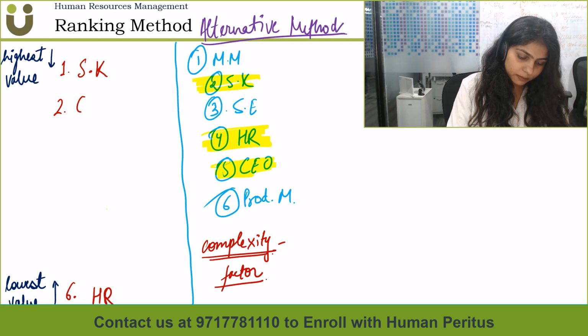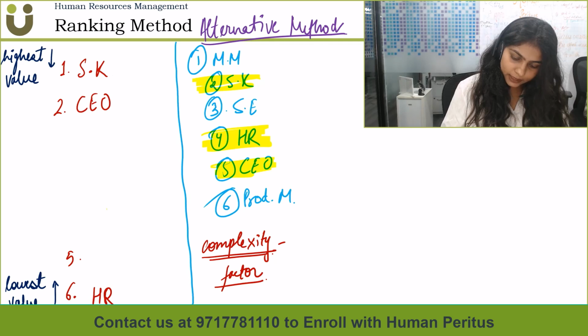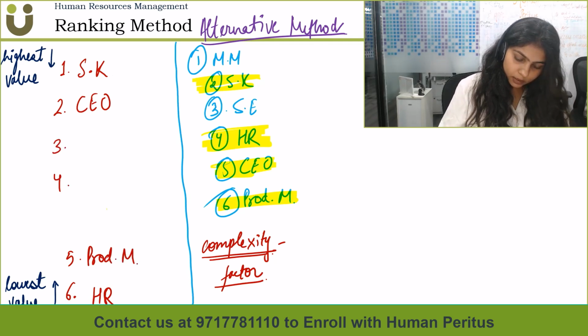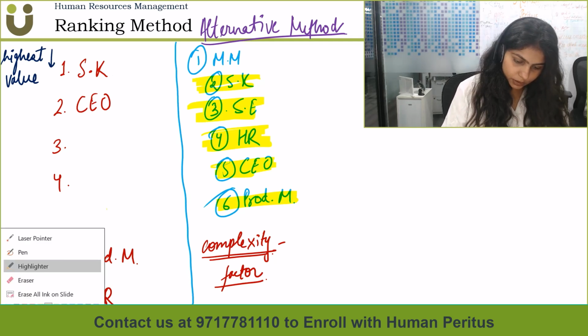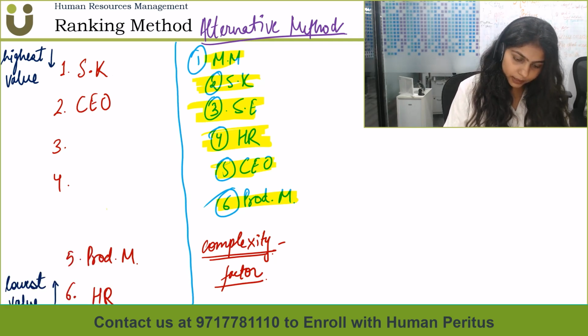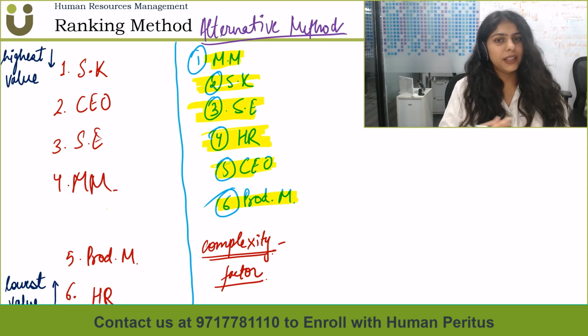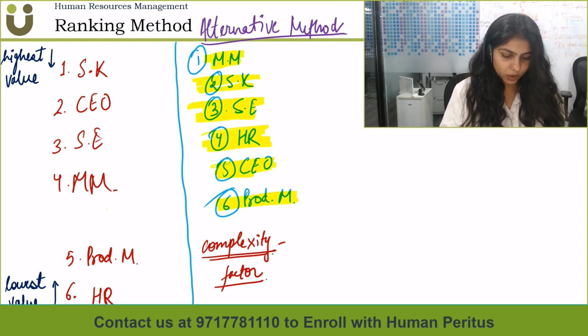Then we move on to the fifth position, so let's say the production manager. Then the third highest, let's say the software engineer, and then the marketing manager. That is all in the alternative method.